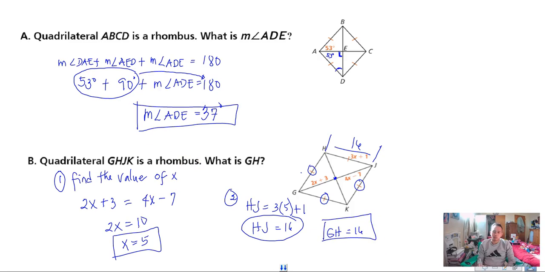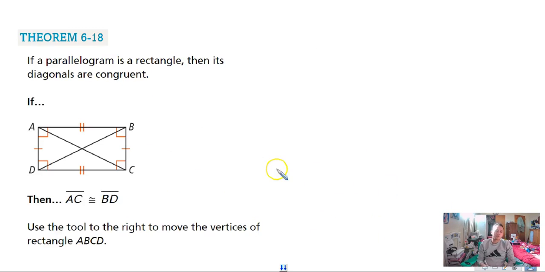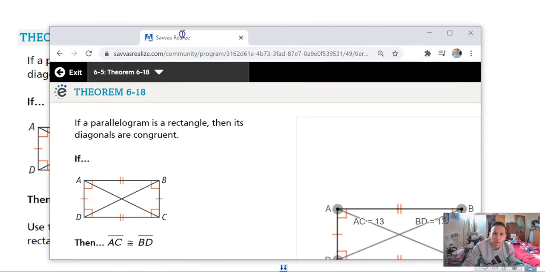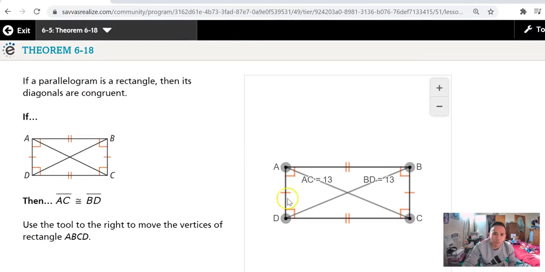All right, next example: we have the theorem for rectangles, theorem 6-18. If a parallelogram is a rectangle, then its diagonals are congruent. I'll just move this one here. You see this one, it's a rectangle.